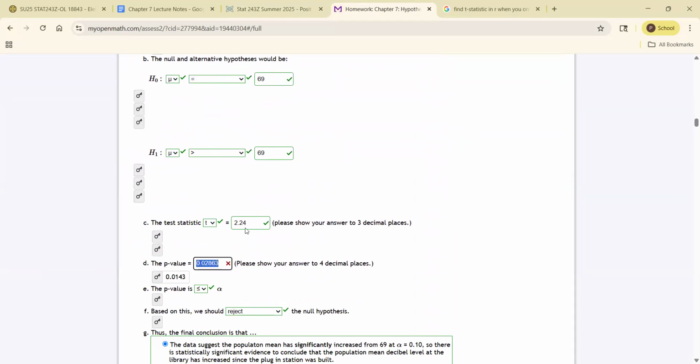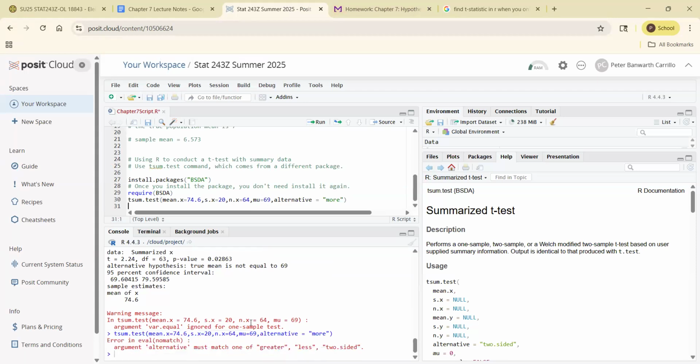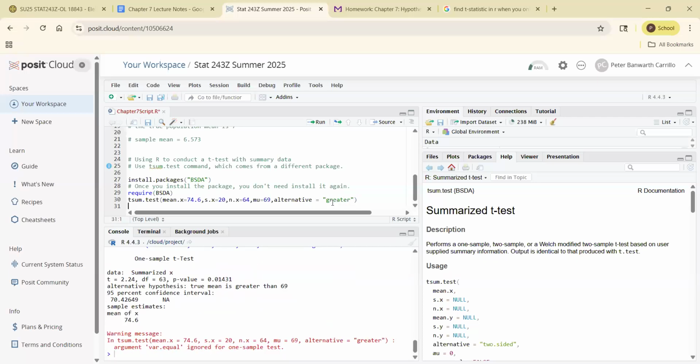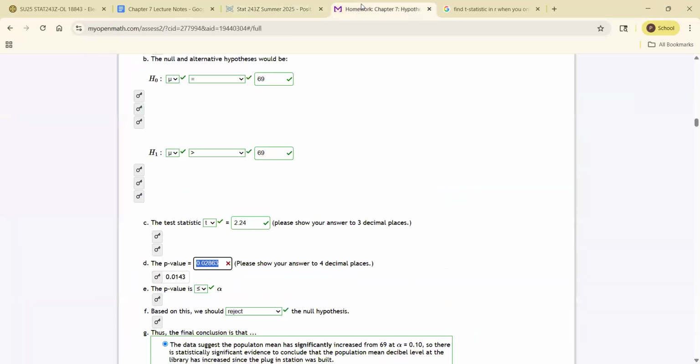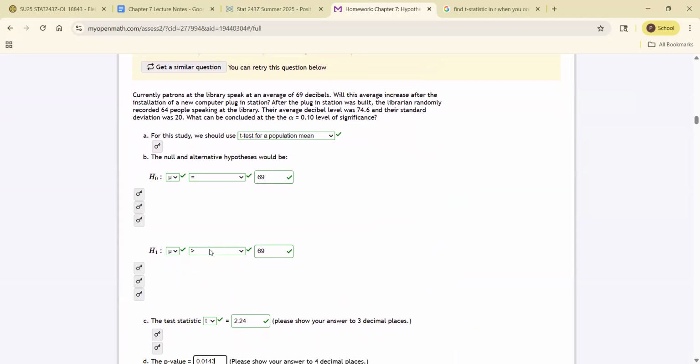So I put in a p-value as if I had done a test that was two-sided, but we didn't want it two-sided. We wanted the alternative to be greater. And now I get a p-value of 0.0143. So this is maybe a good lesson to remind you that it really matters what your alternative hypothesis is.